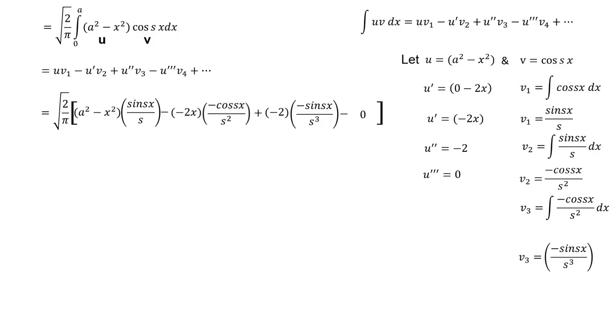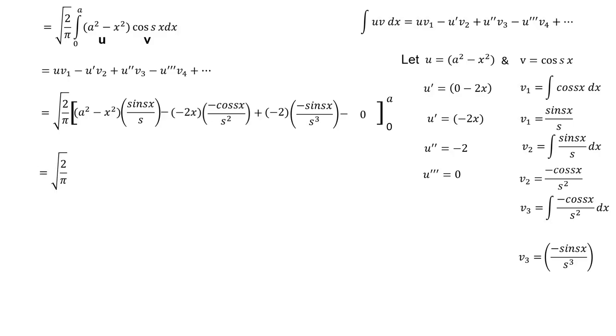So the remaining part, everything becomes 0, and we stop the integration process. Our limits are 0 to a. Before applying the upper and lower limits, we first simplify the terms in the bracket.